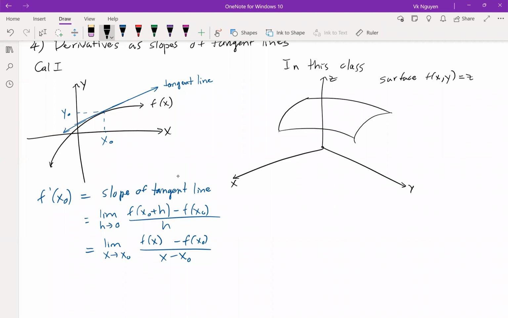Okay, so what we want is to figure out what f sub x is at a point x naught, y naught. So let's just pick that point here, x naught, y naught. What would this one be?